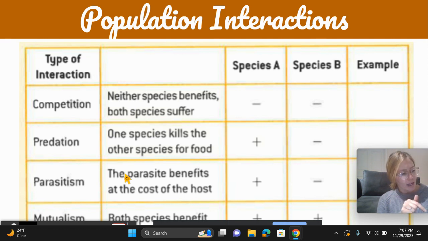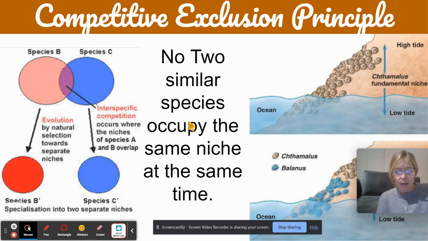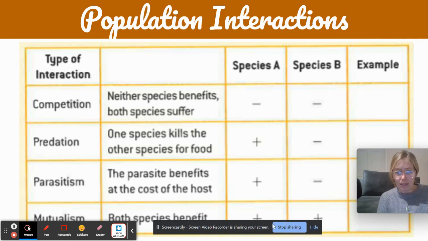So mutualism, last one here on your list. Both species benefit. Excellent. So in this case, some examples of mutualism that you've probably heard of before. The classic one, and I want you to write more examples down than just this one, but the honeybee and flower, right?